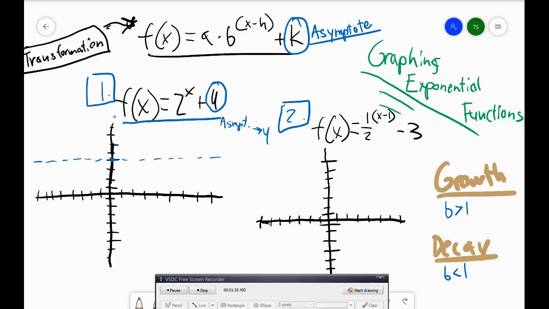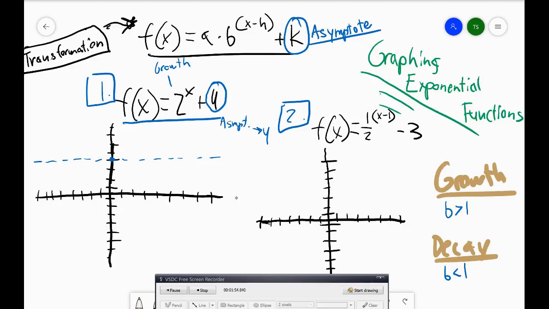What we also know is that the base of this equation is greater than 1. Therefore, this equation has exponential growth. Now for graphing, you can use your graphing calculator and plug this equation in.